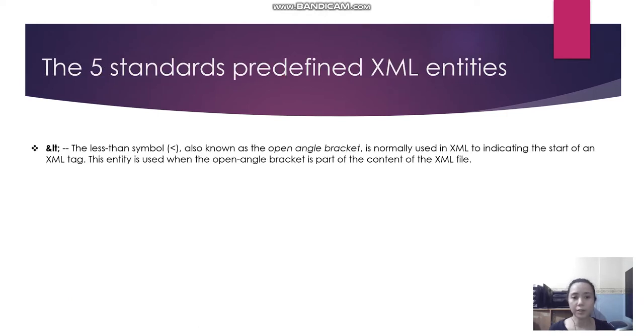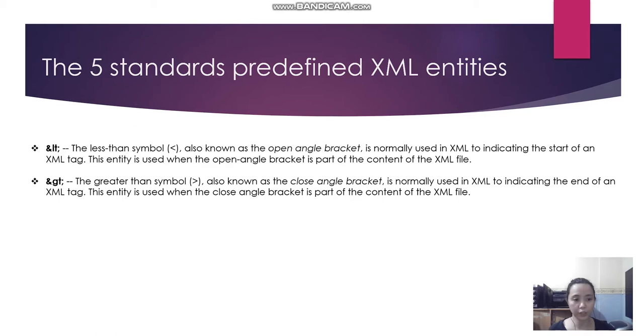The five standard predefined XML entities are, first, &lt;, the less than symbol, also known as the open angle bracket, which is normally used in XML to indicate the start of an XML tag. This entity is used when an open angle bracket is part of the content of the XML file.